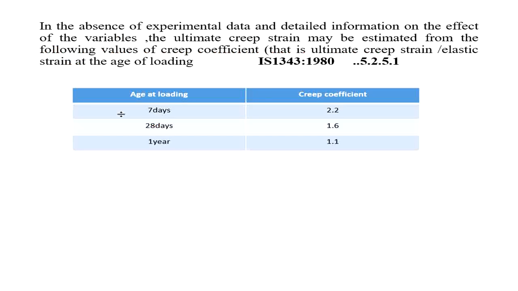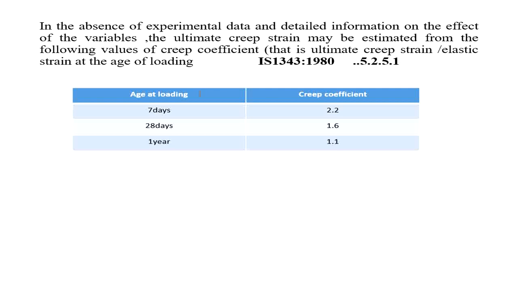Next, in the absence of experimental data and detailed information on the effect of the variables, the ultimate creep strain may be estimated from the following values of creep coefficient. Creep coefficient is the ratio of ultimate creep strain to the elastic strain at the age of loading.